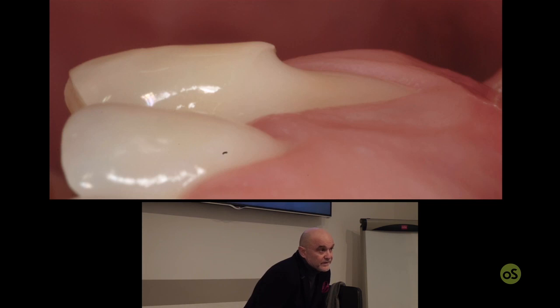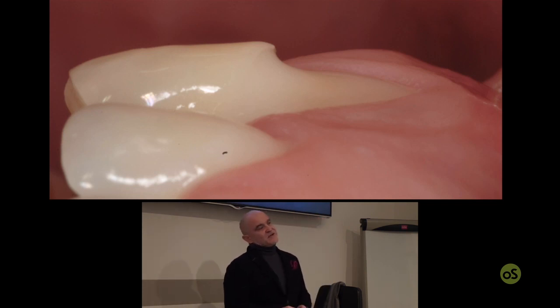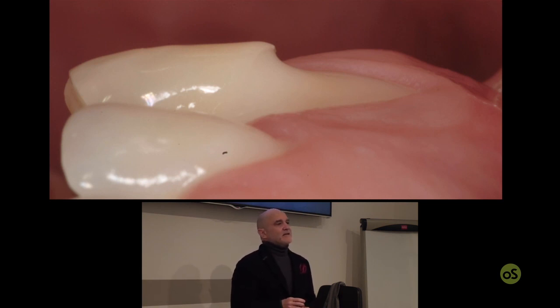When you see a tooth that has recession, first of all, you have to see if what you want to achieve is achievable. What does it mean? It means that you want to displace the soft tissue margin more coronal than the cement enamel junction. But the first problem is, do you have the cement enamel junction in this tooth?